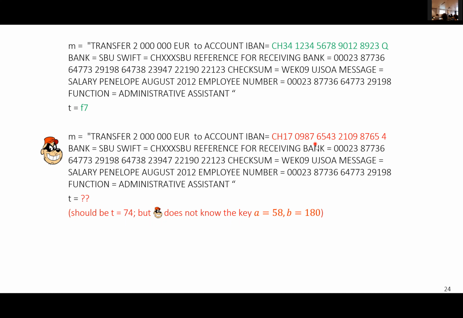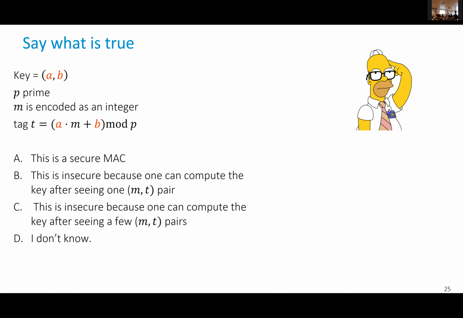Here, if I transform the message, it should be 7-4. But since the attacker doesn't know that the key is 58 and 180, he's unable to compute this, and therefore, when my banking system receives this message, it knows this message is corrupt and will discard it, and perhaps flag that there is an attack. Do you think this is a secure MAC?